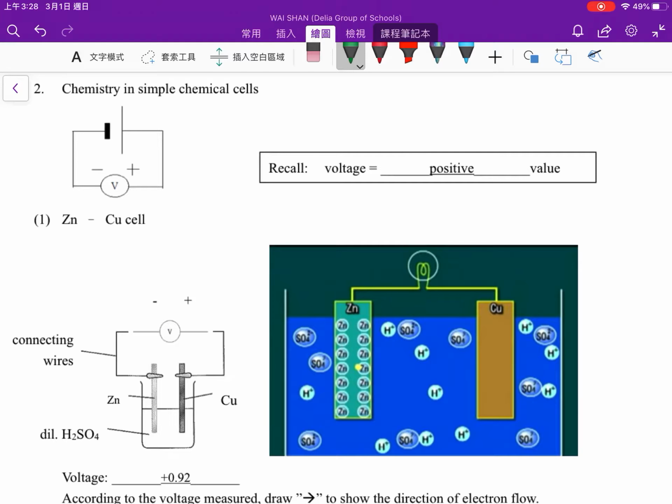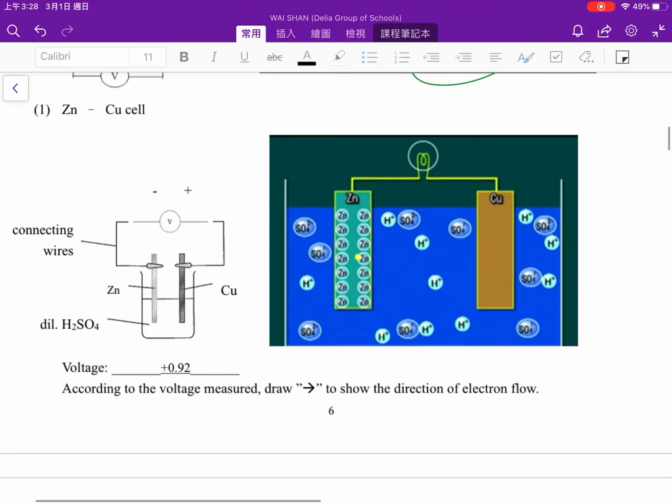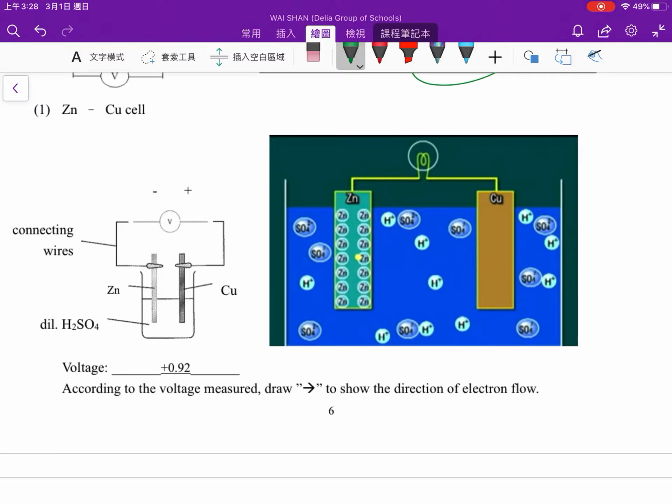Okay, so before we start, we need to remember the use of voltmeter. If we connect the negative electrode to the negative terminal of the voltmeter correctly, if negative to negative, then the reading coming out will be positive. Okay, we have to know this, so we can use voltmeter to measure the voltage, and so that we will know whether the zinc electrode or the copper electrode will be the negative electrode.